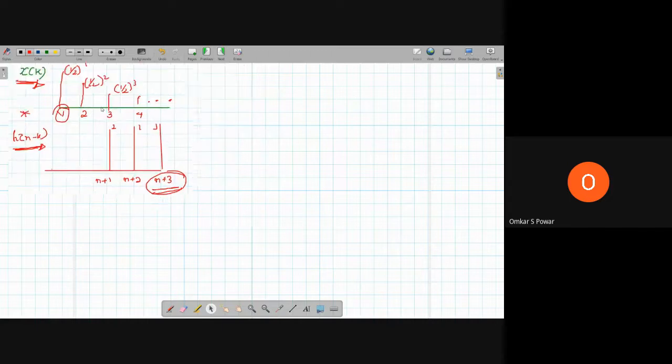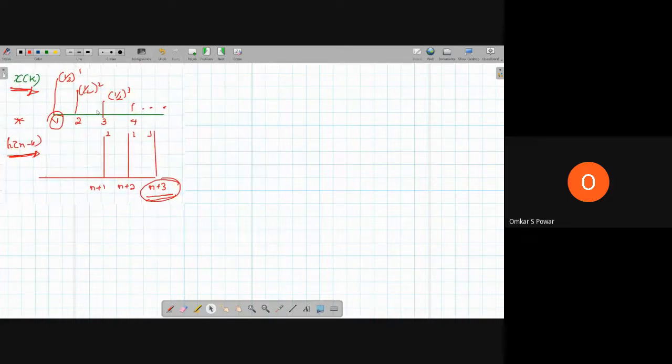So we will take case 2 here. So case 2, if n plus 3 is greater than 1 and n is greater than 1 minus 3 and n is greater than or equal to minus 2. So this is our case 2.